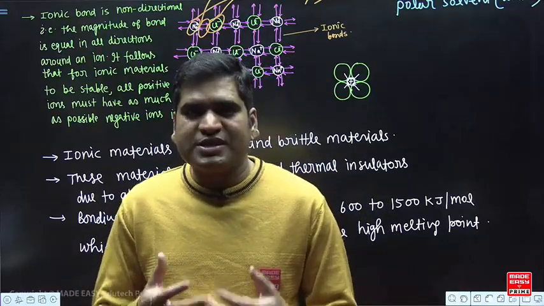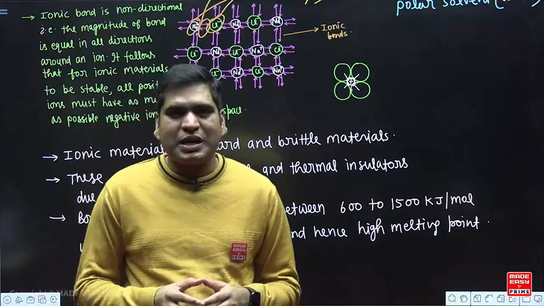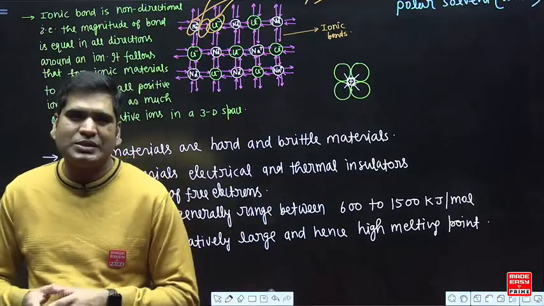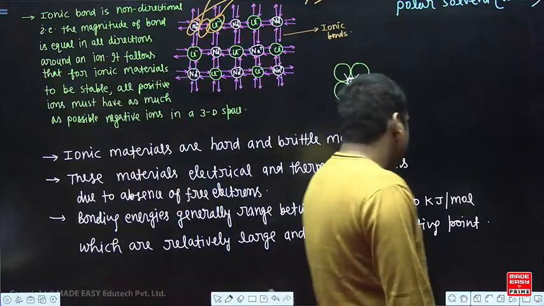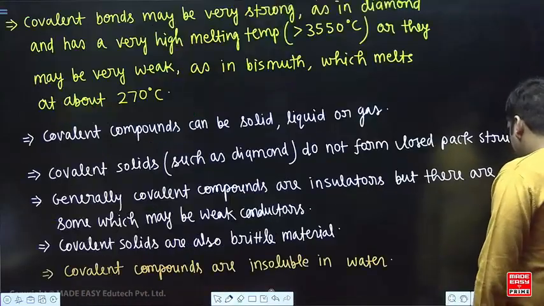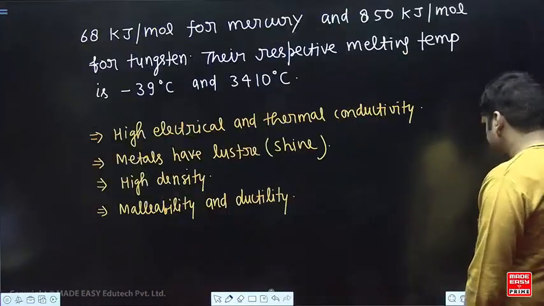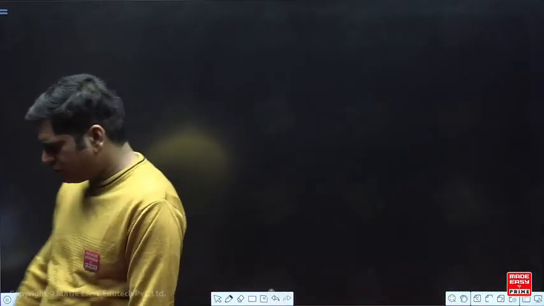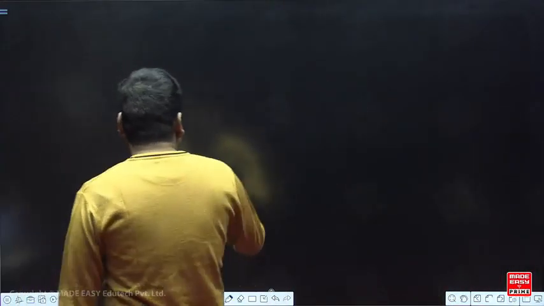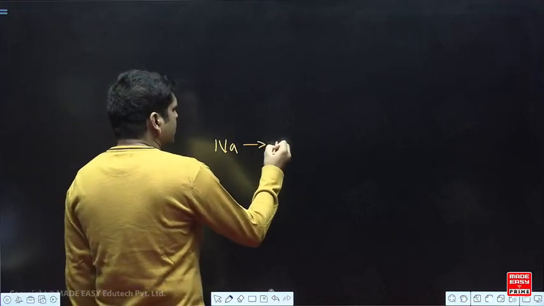Now we would be moving towards secondary bond. Secondary bonds are formed in the molecules, so they are known as molecular bonds. If there is primary bond dominant, then it will restrict the formation of secondary bond. Like in whole sodium, there are primary bonds.